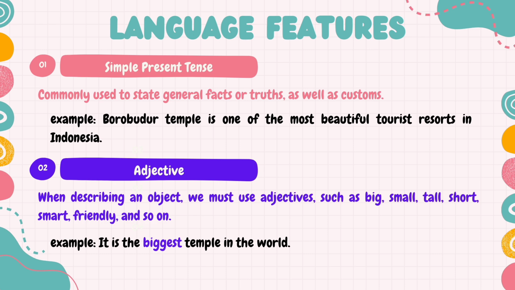What is an adjective? When we describe an object, we must use adjectives. Adjective is kata sifat. For example, big, small, tall, short, smart, friendly, and so on. For example, from the text: it is the biggest temple in the world. So biggest here comes from big.